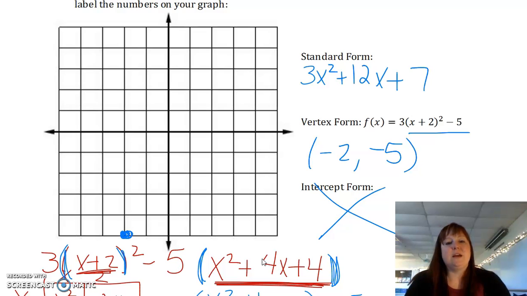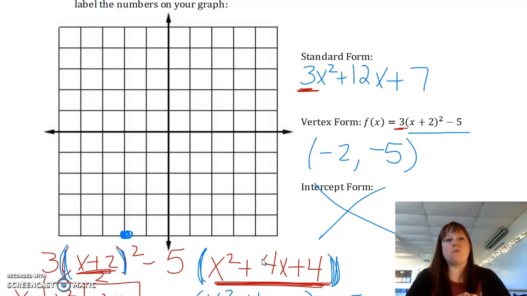There's my vertex. And I also know that it has an a value of 3. See that number here, 3 and 3? Now remember, when we're graphing a parabola, we always go over 1. And the a value tells us how far we go up or down, because we always go over 1.